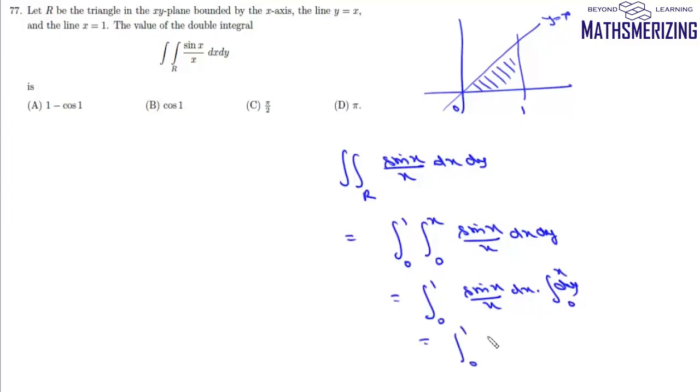So we can write this as from 0 to 1 sin x upon x into x dx. Now here x and x will cancel. Now integral of sin x is minus cos x from 0 to 1. So it will be 1 minus cos 1. So value of this double integral will be 1 minus cos 1, and that's your option number A.